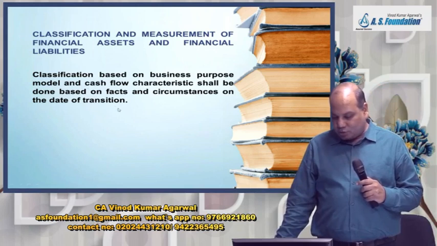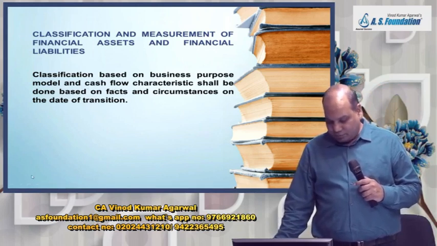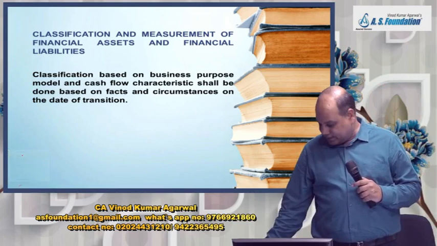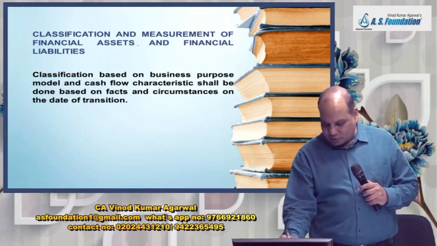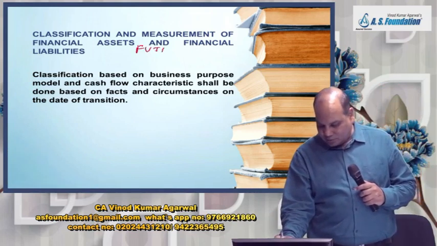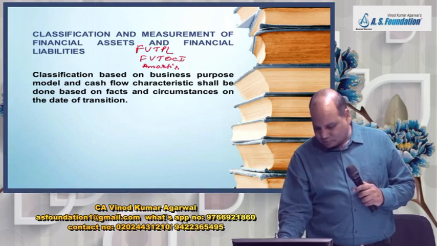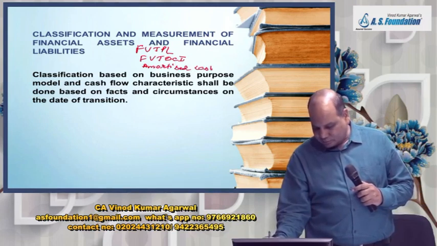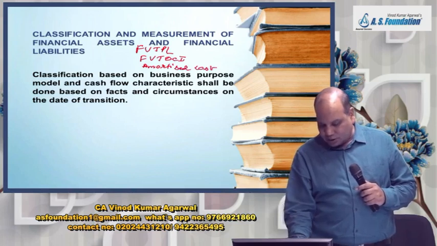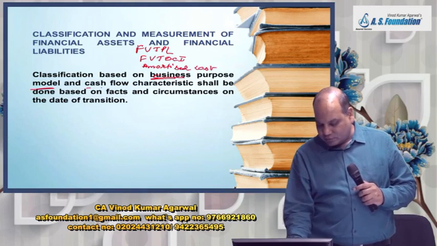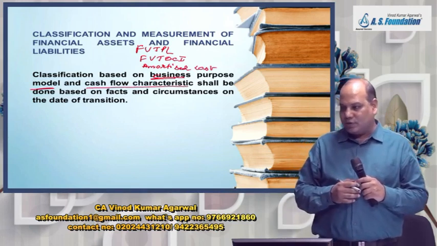That means if you want to classify an asset as FVTPL, FVTOCI or amortized cost, then the entity has to fulfill something called the business model test and cash flow test.